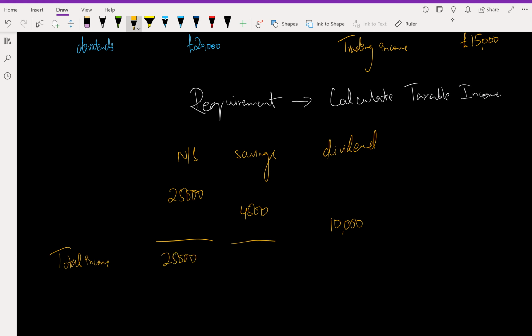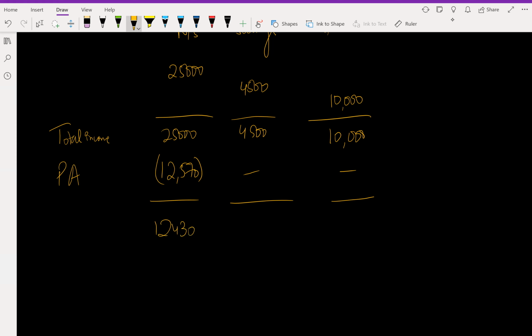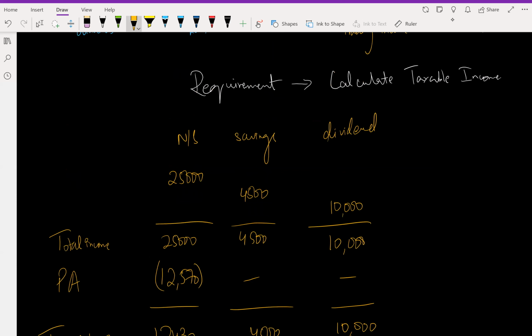There is no charge on income. And obviously, you deduct your personal allowance, 12,570. Nothing to be deducted from this because you have enough non-savings income to deduct your personal allowance, right? So this ends up being 4,500 and 10,000. So that should be your answer for the first one. That's your taxable income. Okay. This is question number 1.